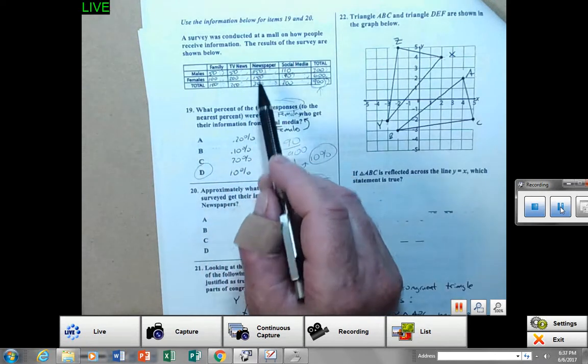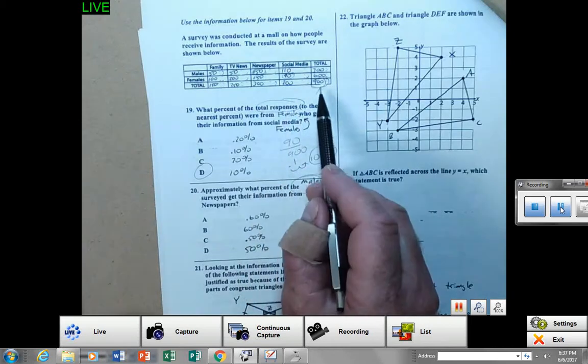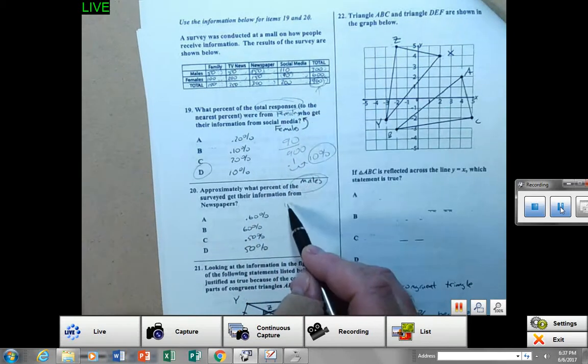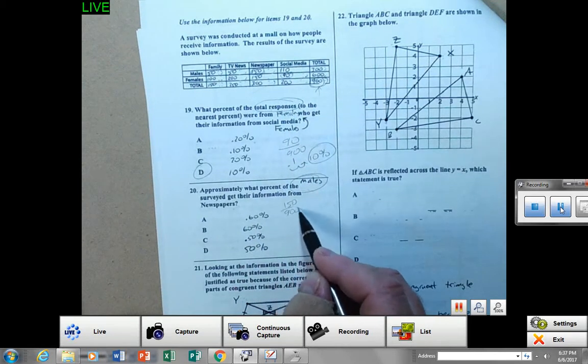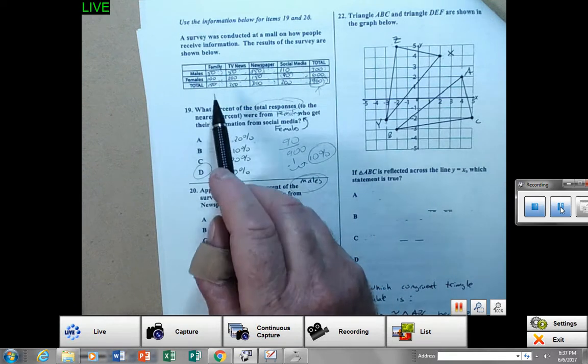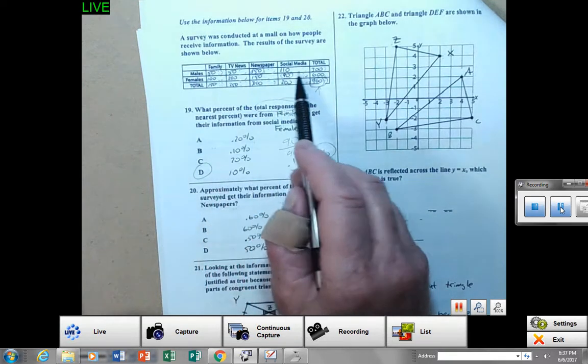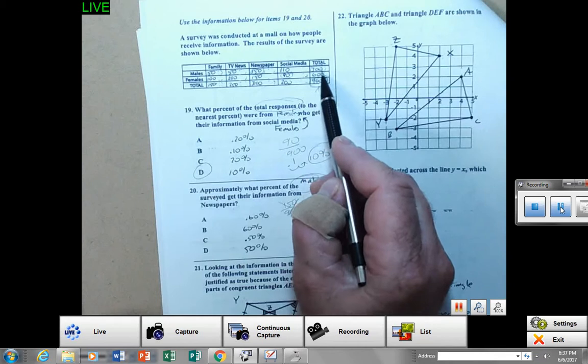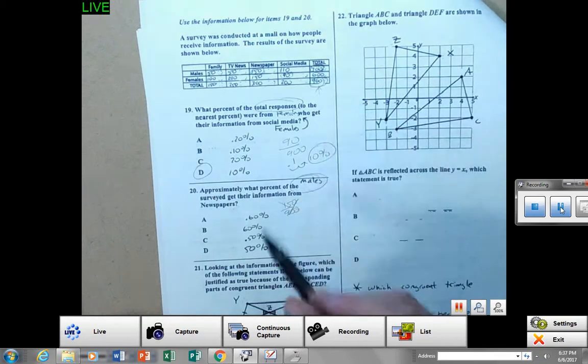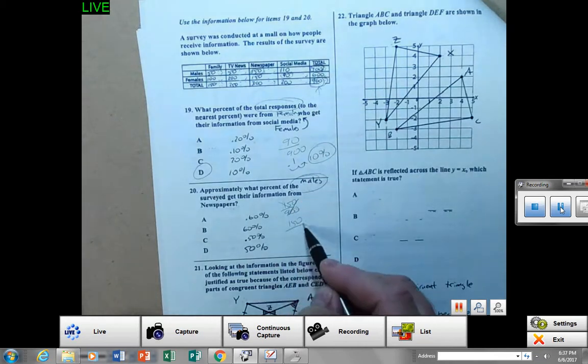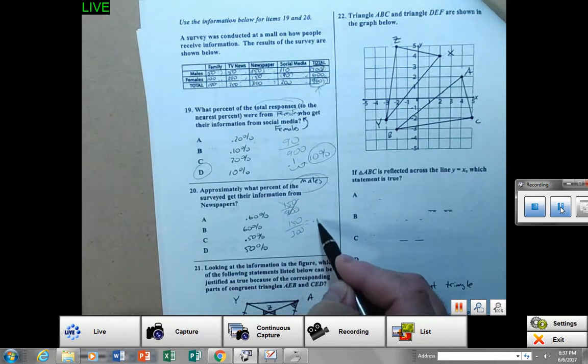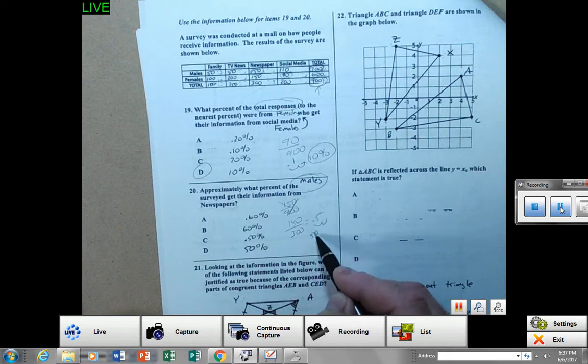Do not divide 150 by the total number 900. That answer will probably be waiting there for you. Don't do that. This is just for the total of males. So if I look at the total of just males, that is 300. So this gives me 150 divided by 300, which is 0.5, which is 50%.